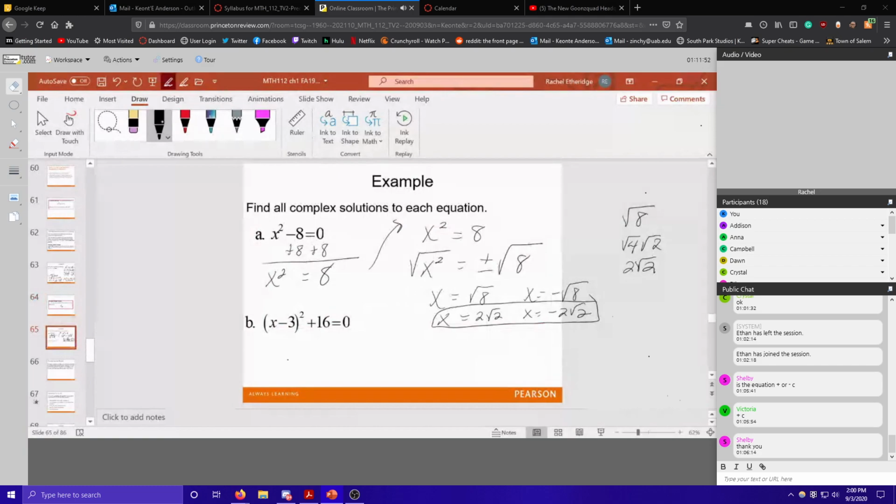On B here, you could FOIL this out and work it out by trying to factor it or using the quadratic formula. But see, this is a perfect square. This is also a perfect square. So I can move the 16 over to the other side, and I'm going to get x minus 3 quantity squared equals negative 16.